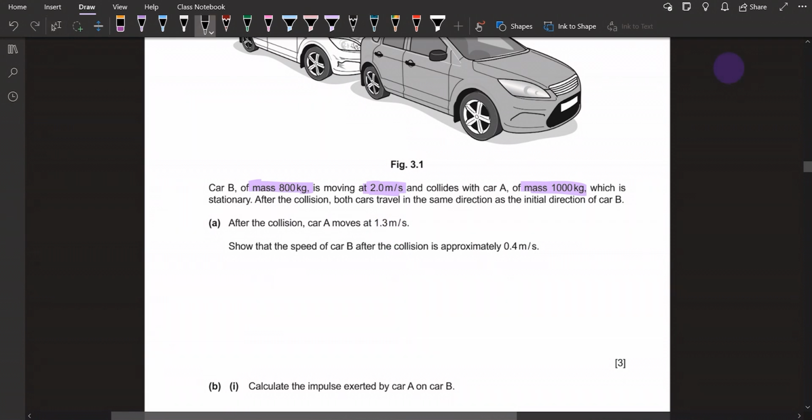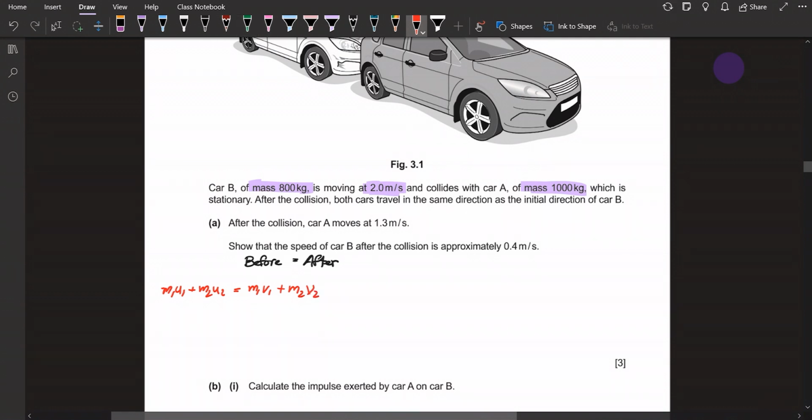So how do we find this? We have the formula, which is total momentum before the collision is equal to total momentum after the collision. And the formula for that is m1 u1 plus m2 u2 equals m1 v1 plus m2 v2.